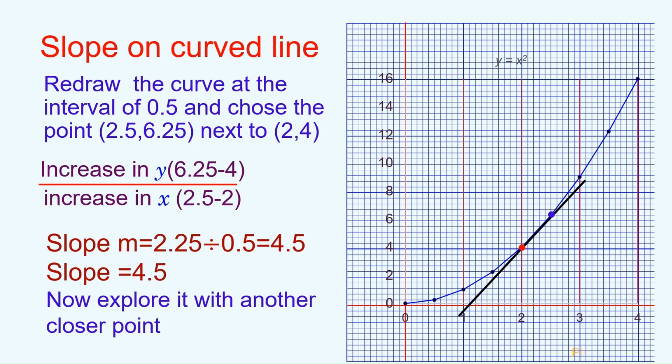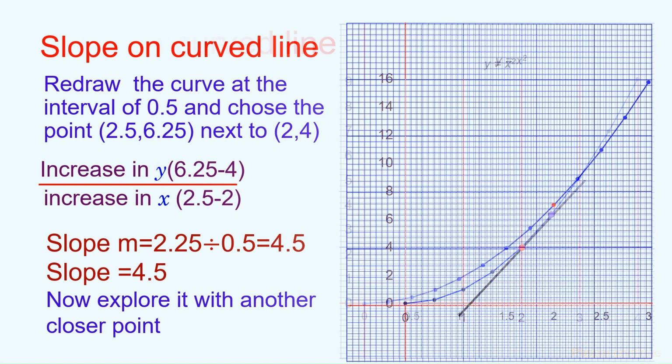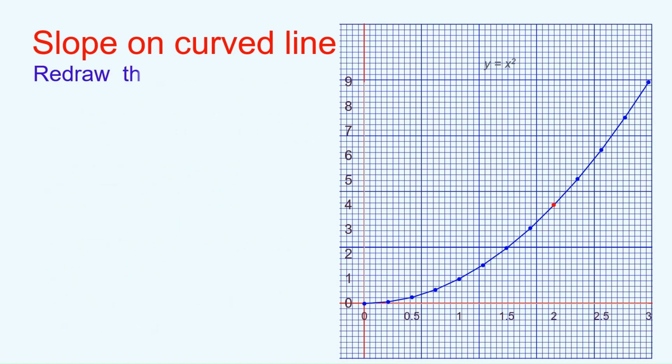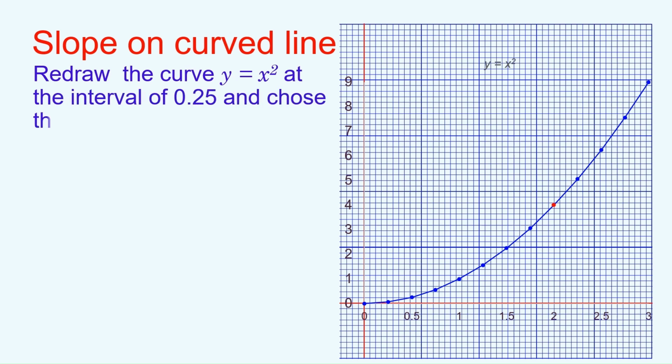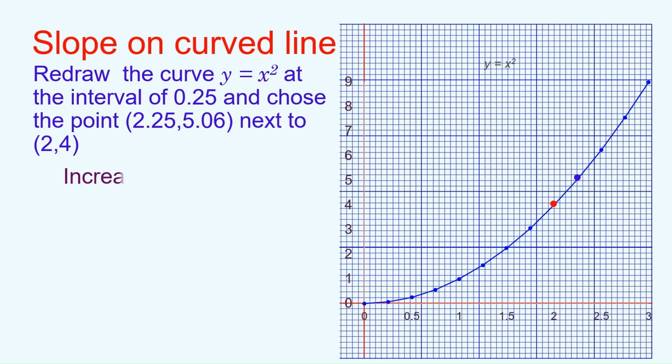We explore it further by selecting another closer point. Redraw the curve y equals x squared at the interval of 0.25 and choose the point 2.25, 5.06 next to 2, 4.